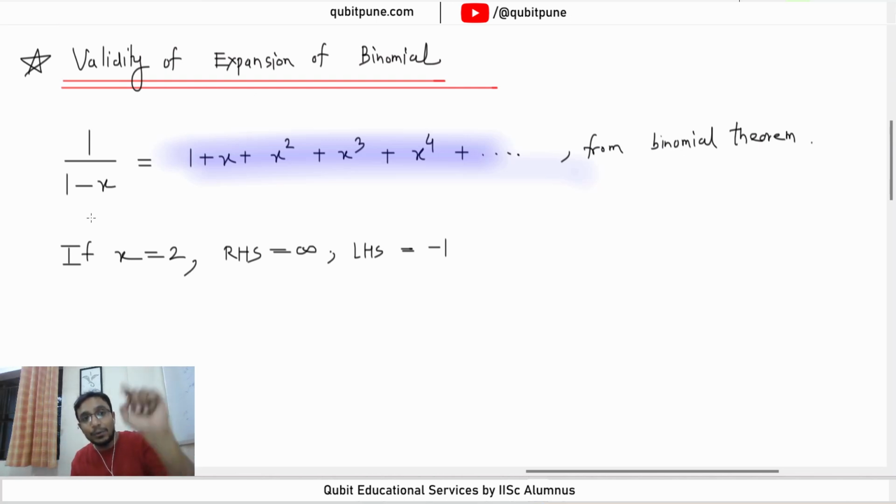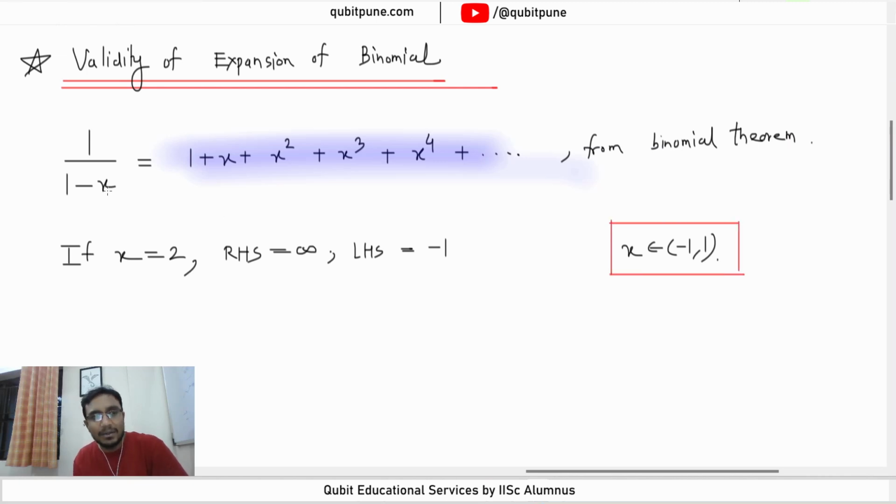This is valid only when x belongs to the open interval minus 1 and 1. That's important. Now you might say that 1 does not belong to the domain of this function. Agreed, 1 never belongs to the domain of this function. But in addition to that 1, there are other numbers also for which 1 upon 1 minus x is defined, but it gives a finite value, while the other thing on the right side doesn't give a finite value, it gives us an infinite value.